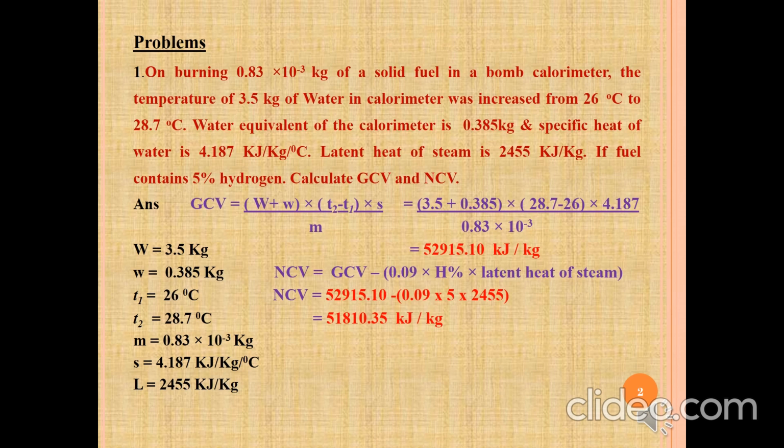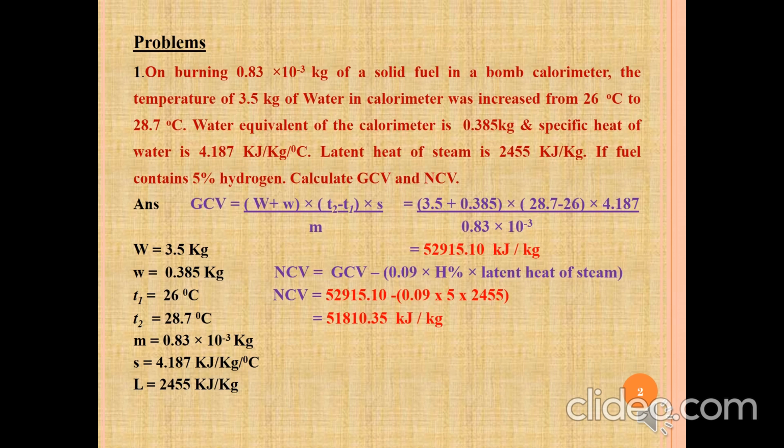So after writing the given terms, we have to write the formula used for GCV. The formula used is GCV equal to (W plus small w) into (T2 minus T1) into S divided by M. So we substitute the given terms into the formula, that is (3.5 plus 0.385) into (28.7 minus 26) into 4.187 divided by 0.83 into 10 raised to minus 3.